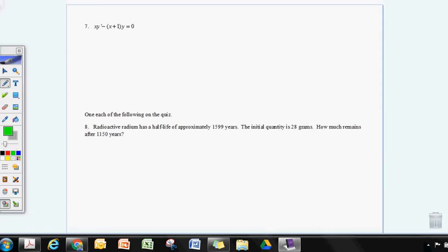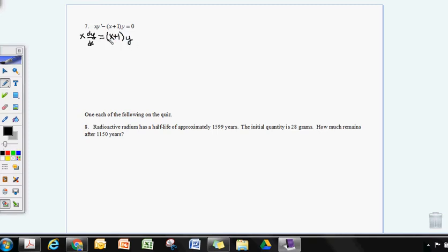I believe there is one more differential equation to solve here. This one again is a little bit harder because it doesn't have the dy dx in it, and it has a lot of variables in it. So we're just going to try to break this apart. So I have x dy dx. I'm going to just move it over, equals x plus 1 times y.